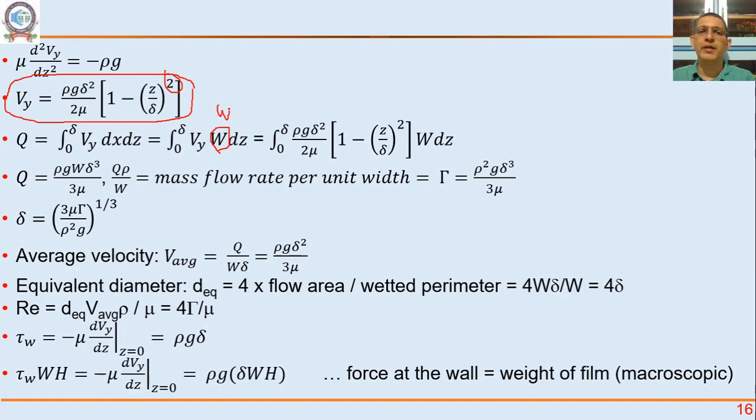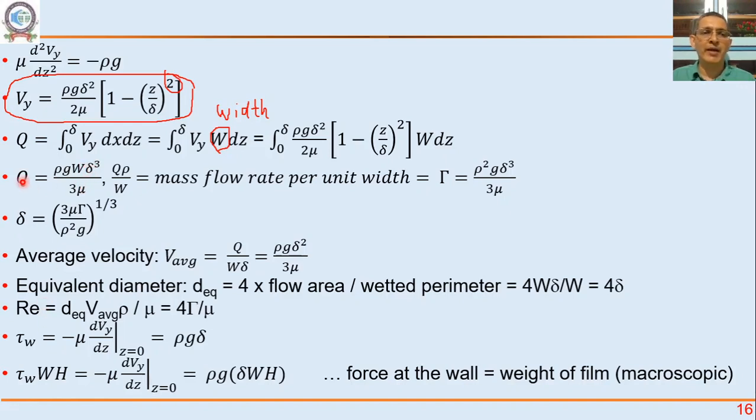It is not varying in the x direction. This is just the width. Integrate z from 0 to delta. Integrate for yourself. You will get Q is equal to rho g w delta cube by 3 mu.